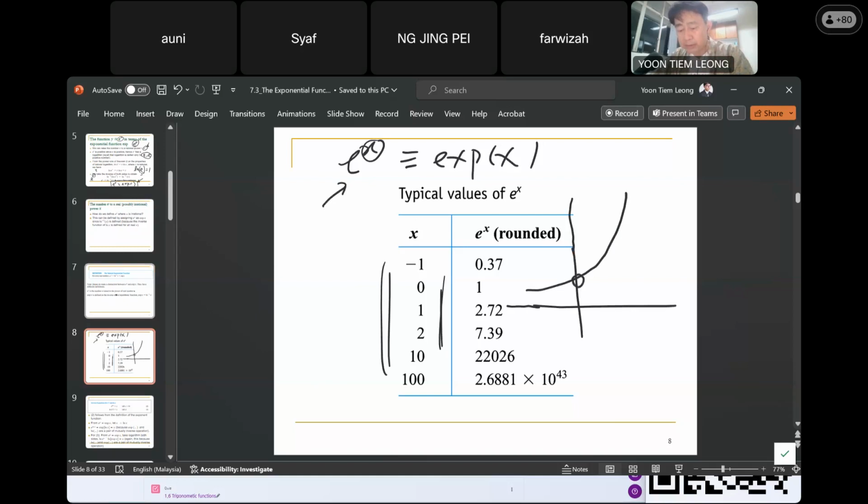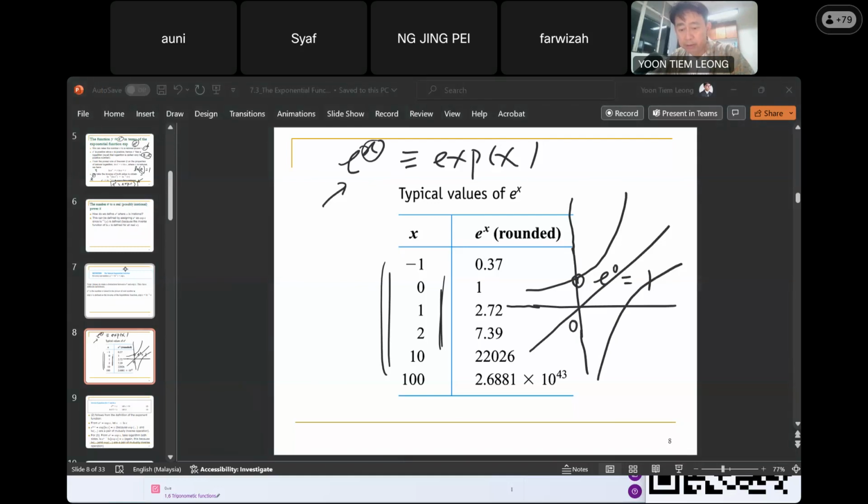Namely, when x is equal to 0, the exponential value e^0 is just equal to 1. This is known because the point here is obtained from the reflection of the logarithmic function. The logarithmic function is here, ln of x.